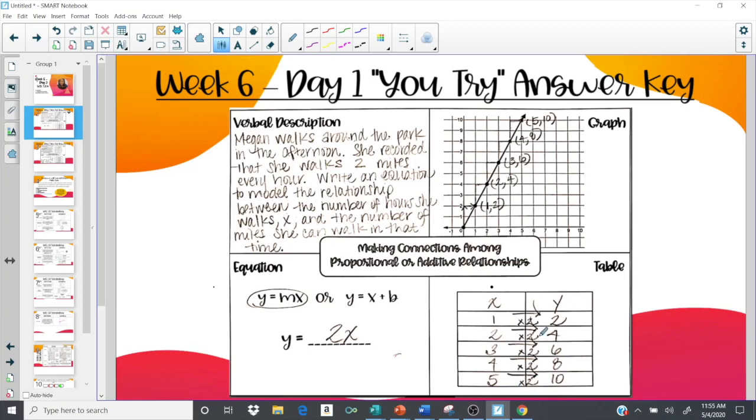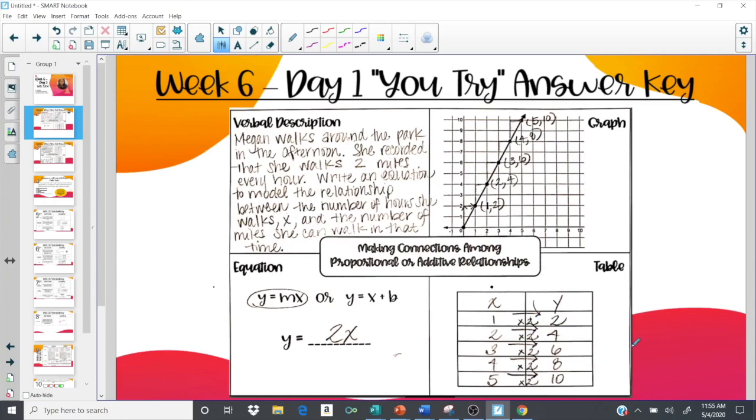Each time they are multiplying by 2. Your y values are 2 times larger than your x values. So each time you multiply your x values by 2 to get the corresponding y values. 1 times 2 gives you 2. 2 times 2 is 4. 3 times 2 is 6, and so on. Okay? So your slope is equal to 2.